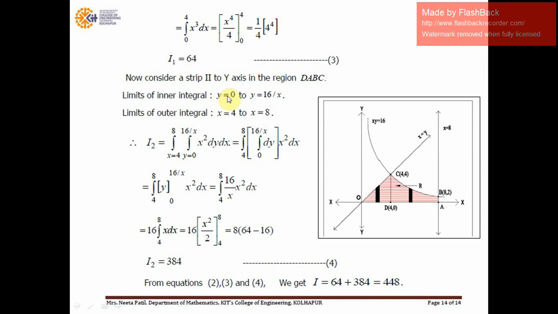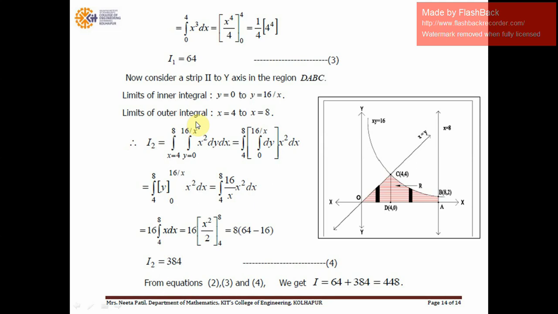This is the lower limit of the inner integral. The upper end of the strip is on the hyperbola xy is equal to 16. From this equation, write y in terms of x, so we get y is equal to 16 upon x. This is the upper limit of the inner integral. So the limit of the inner integral is y is equal to 0 to y is equal to 16 upon x.